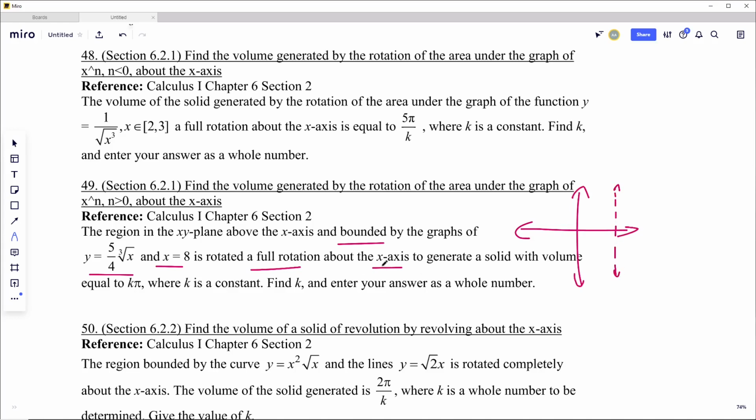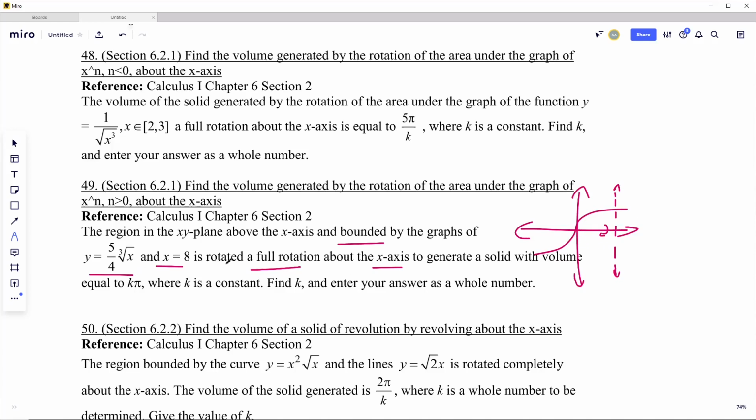It's rotating about the x-axis. Okay, this is how the rotation is going, and this is going to be the line. It's something like this. I just roughly drew it. It looks weird, but yeah.